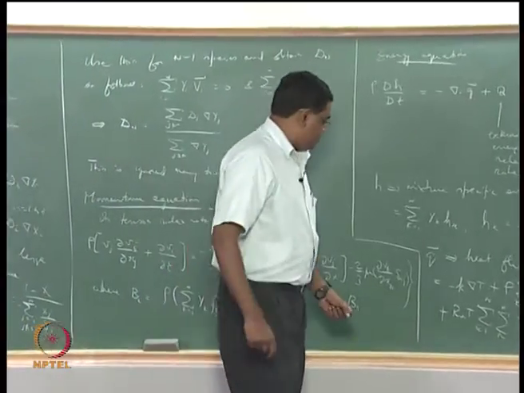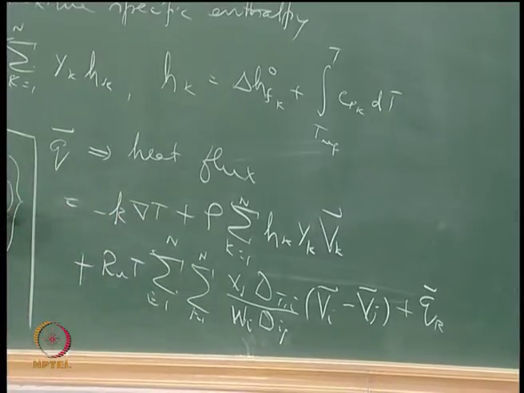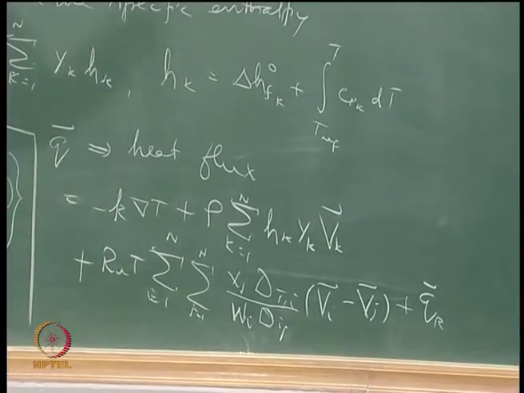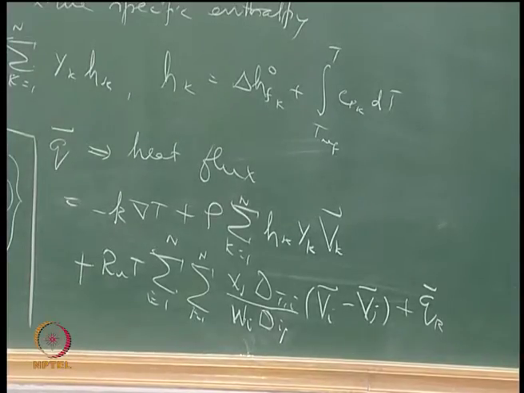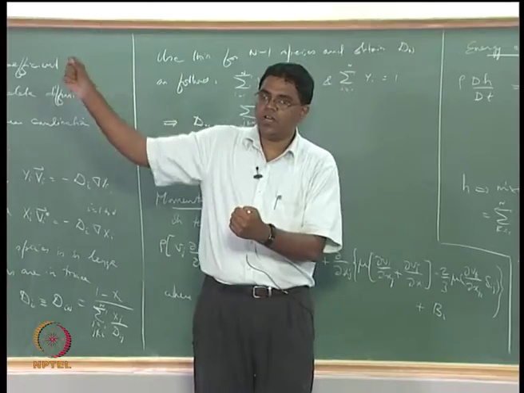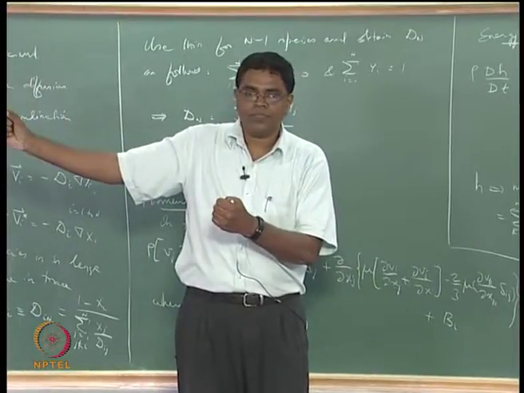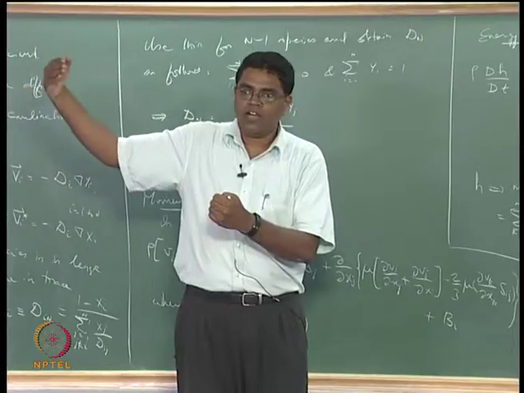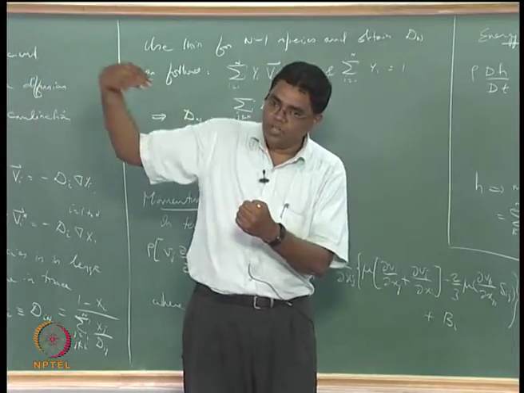The first term, minus K gradient T, what is it? That's heat conduction. The heat conduction is coming from the sides at a particular point, because you have a temperature gradient between this point and the adjacent point. If you had a hotter region on the side, you're going to have heat into this point.